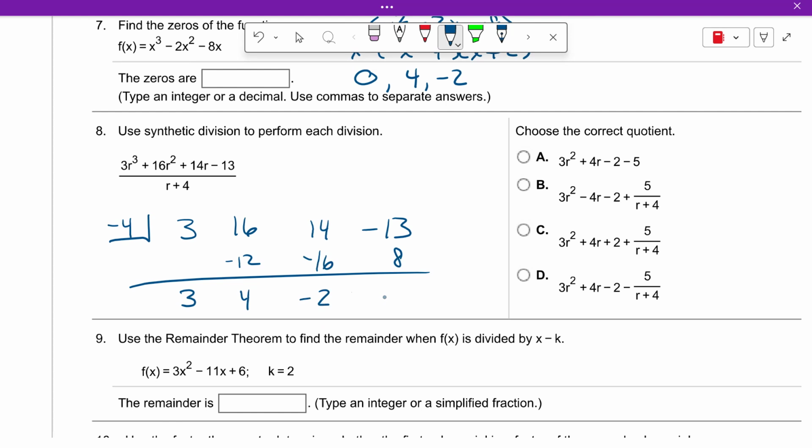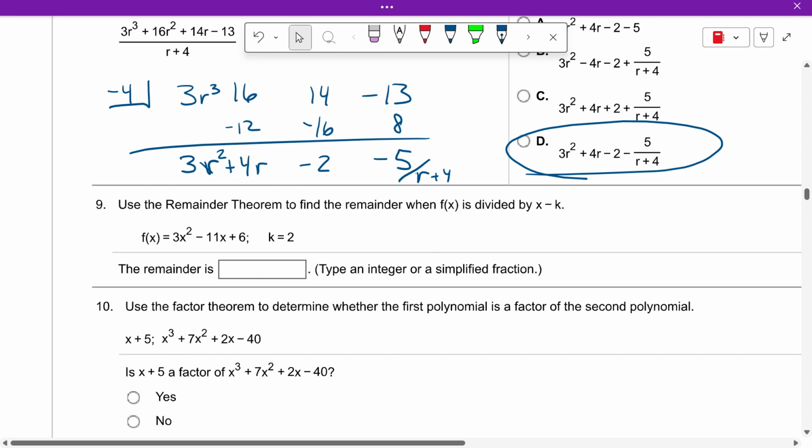You get a +8. Add to get -5. So it's 3r squared, because if this is r cubed, we drop a power every time we go down. 3r squared, 4r minus 2 plus this is over the denominator. So it would be this one right here.